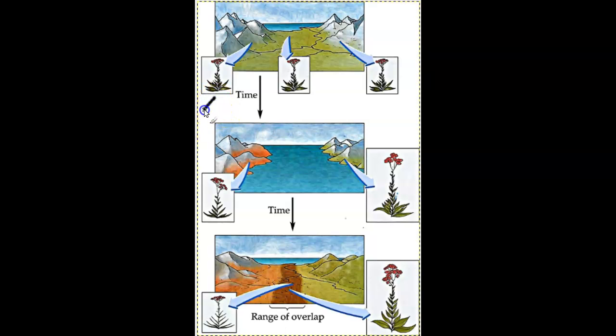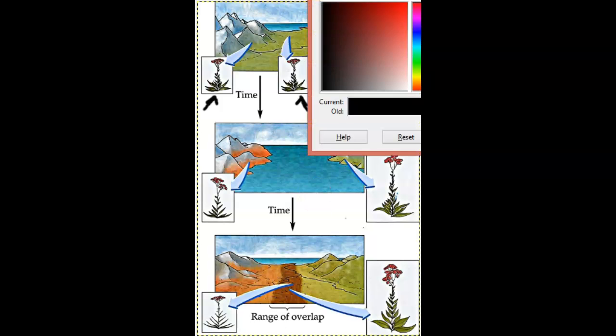Notice all these flowers, all these plants here, they all look the same, don't they? So they can pass their DNA, their alleles, back and forth. But let's say there's an earthquake or something that allows water, which is a different color here, some blue maybe.